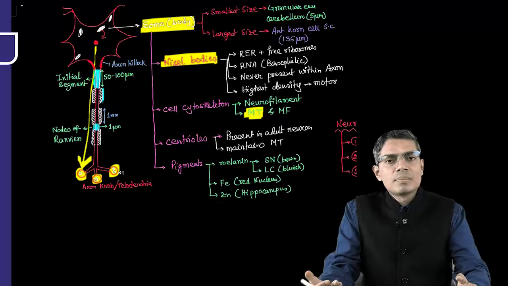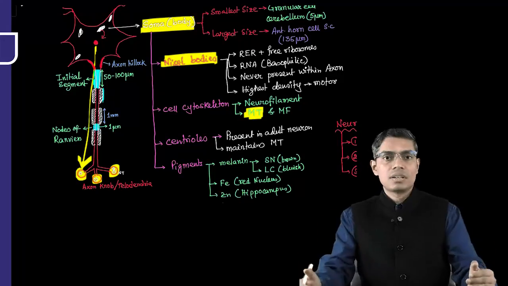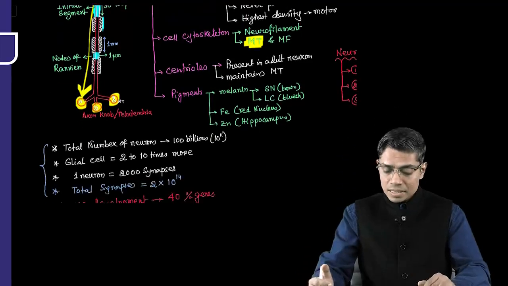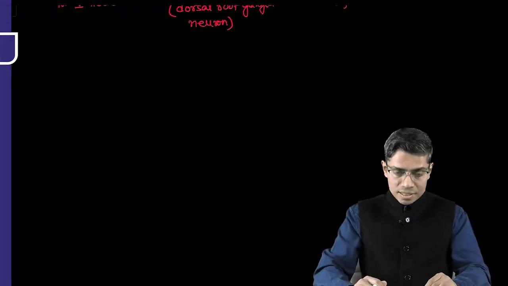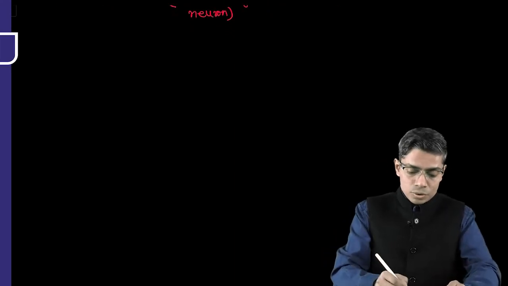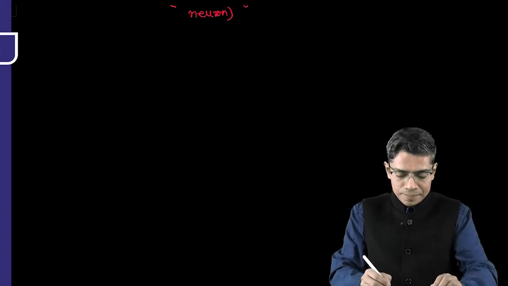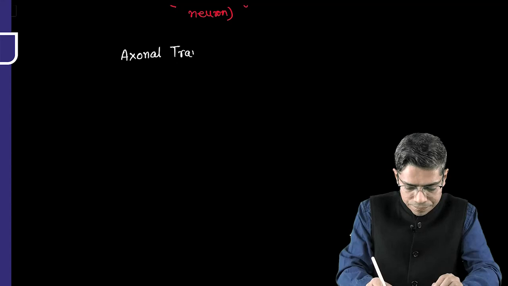That is nothing but axonal transport or intracellular transport within the cell. This process is similar in every cell, but generally this is well studied in case of neuron. So in case of neuron, the transport within the cytoplasm of the neuron is known as axonal transport.